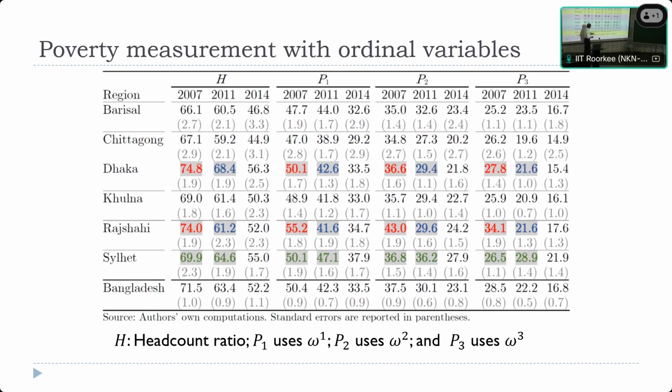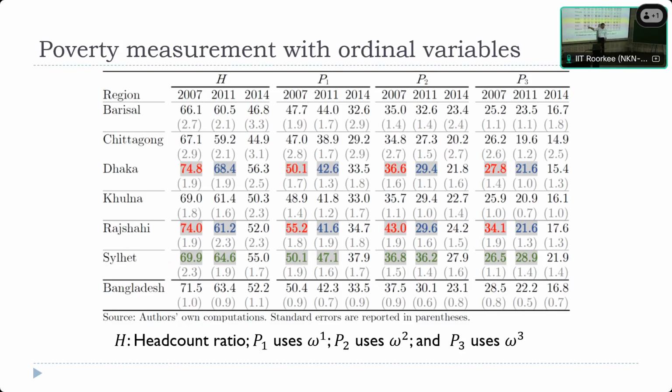Okay. Now let's come here. You see it's still Rajshahi that is better off, right? Then you take the second order precedence and then the maximum precedence. Look, this difference is gone.